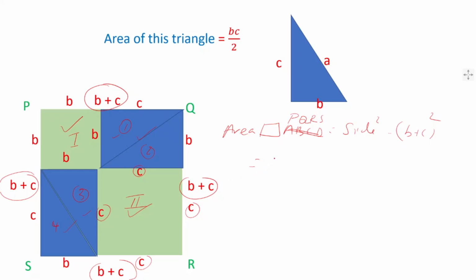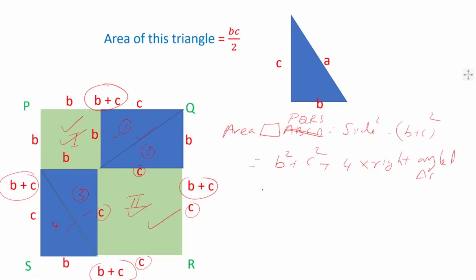Now I will write it is equal to B square, this one is done, plus C square, this one is done, plus 4 into area of 4 blue right angle triangles. Right?